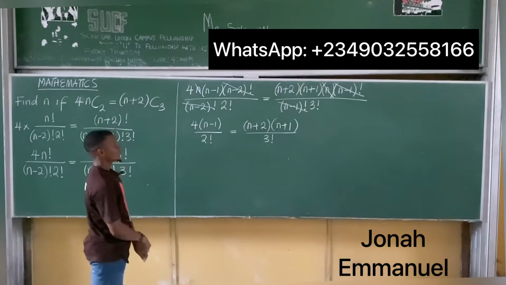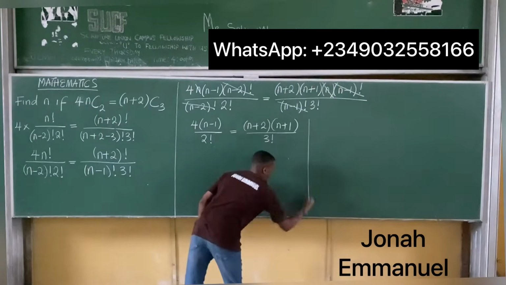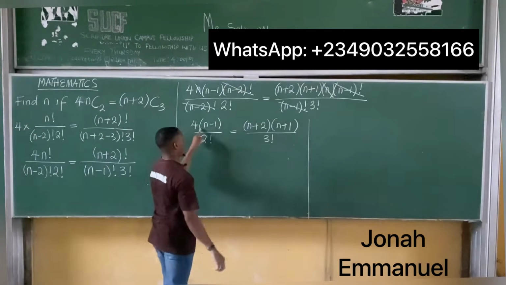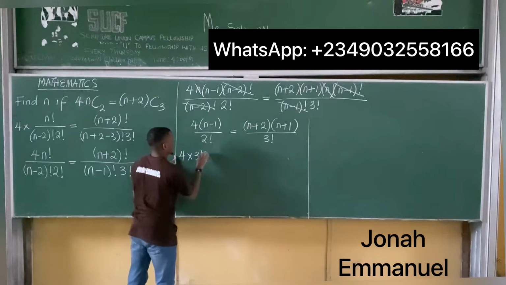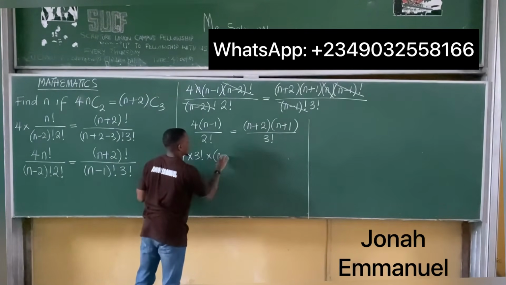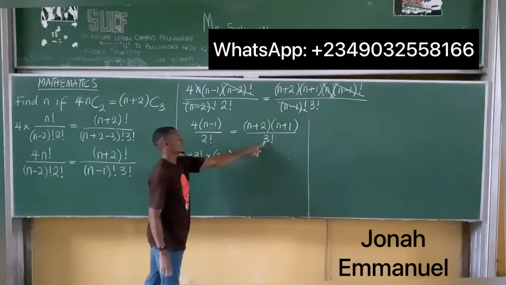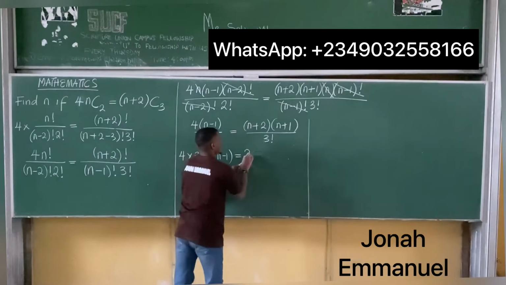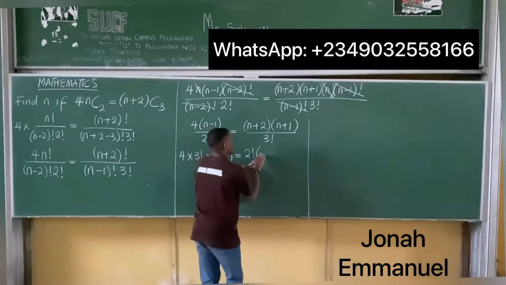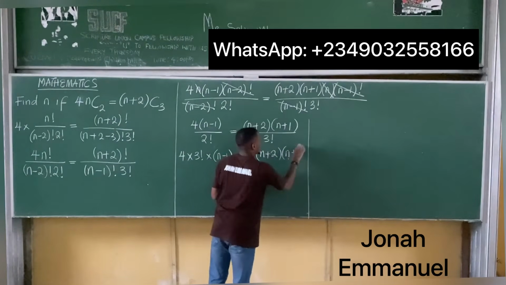It depends on how you want to solve this. You can choose to cross multiply here. It's still okay. So this becomes 4 times 3 factorial times, in bracket, n minus 1, is equal to this times this, 2 factorial multiplying n plus 2 multiplying n plus 1.